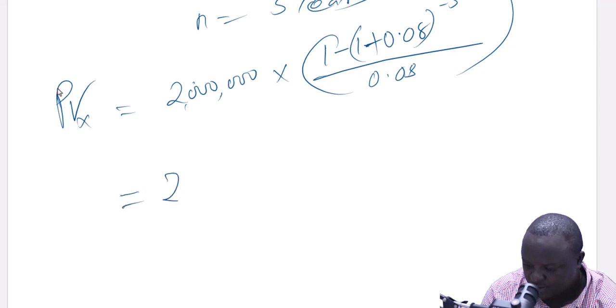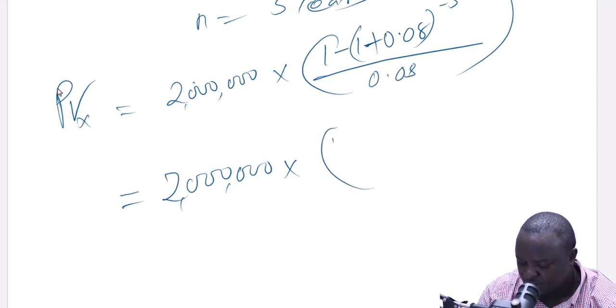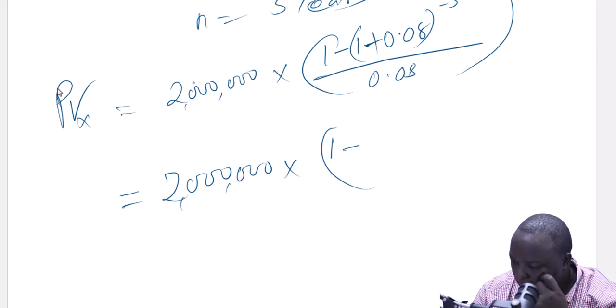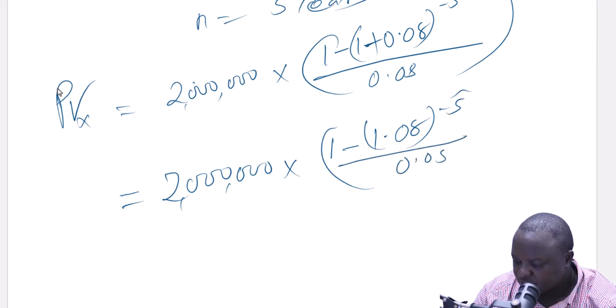So that will be 2 million times brackets 1 minus 1.08 raised to power minus 5 divided by 0.08.